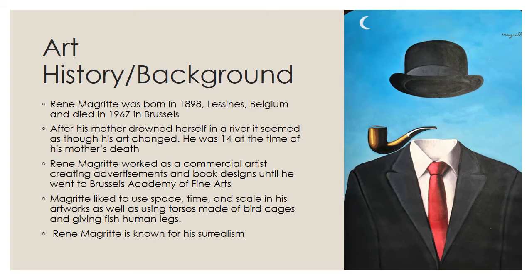Magritte liked to use space, time, and scale in his artworks, as well as torsos made of bird cages and giving fish human legs. René Magritte is known for his surrealism. This picture inspired me to use his work as an example for my students because of how unique his work is.